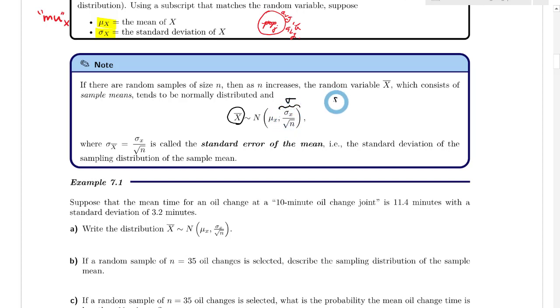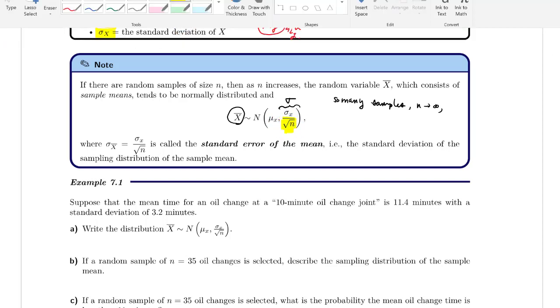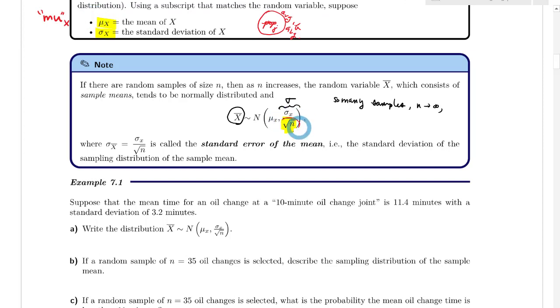Because we're taking so many samples, it's ever changing per sample. So this is stating that the standard deviation with respect to the sampling distribution, which would be sigma, has to be divided by the square root of n, the sample size. That's just because we're taking it from a sampling distribution. That's all.